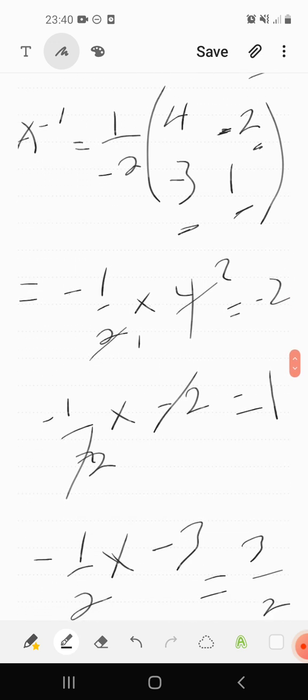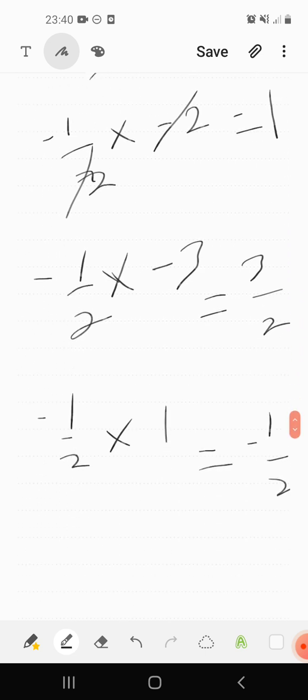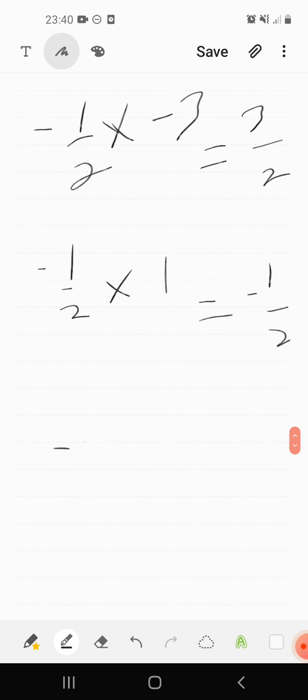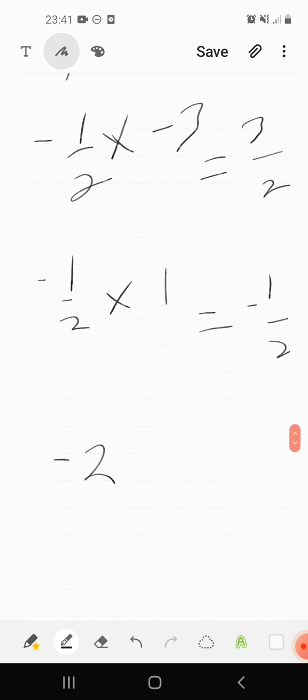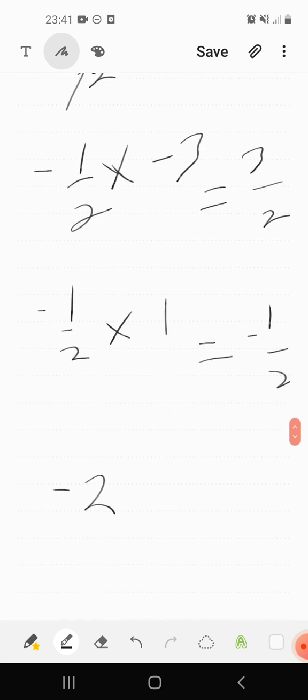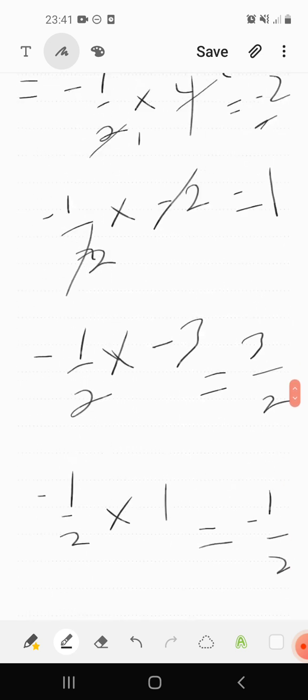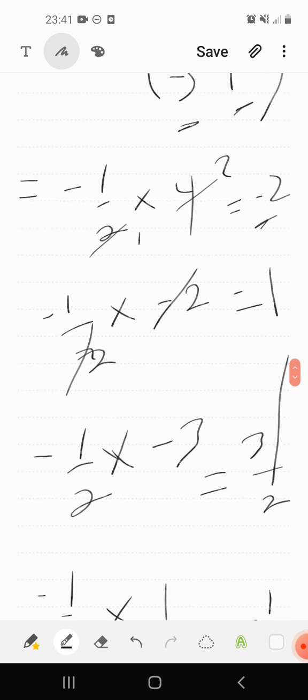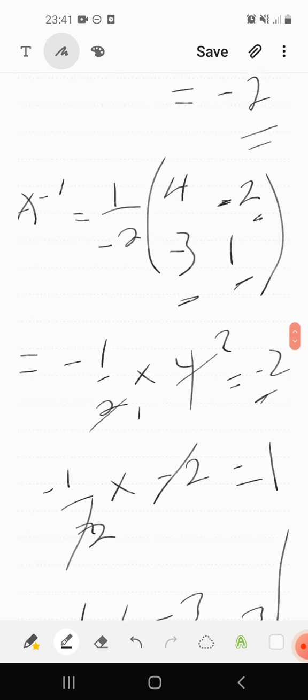When we multiplied -1 over 2 times 4, we had -2. We write that. Then -1 over 2 times -2, we had 1, so we write 1 in its position.